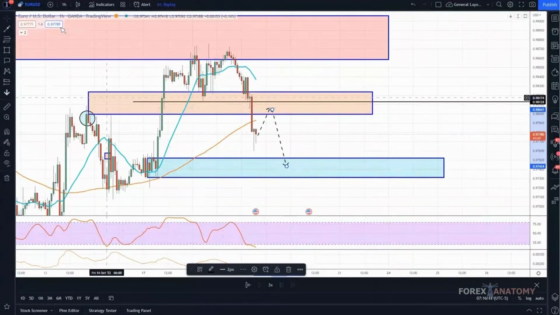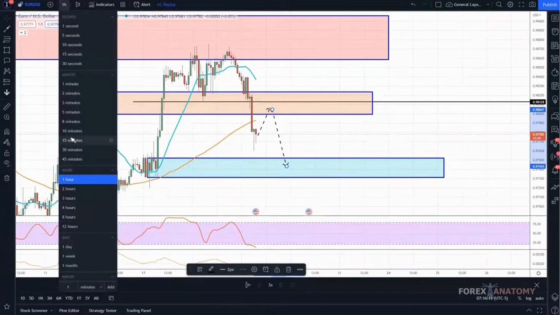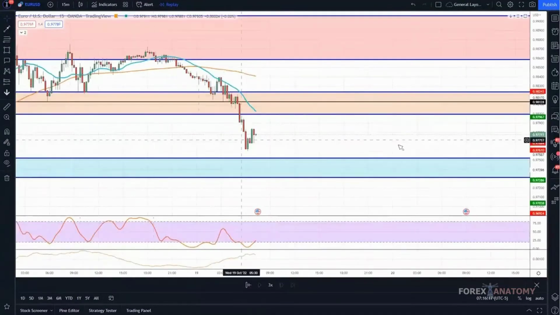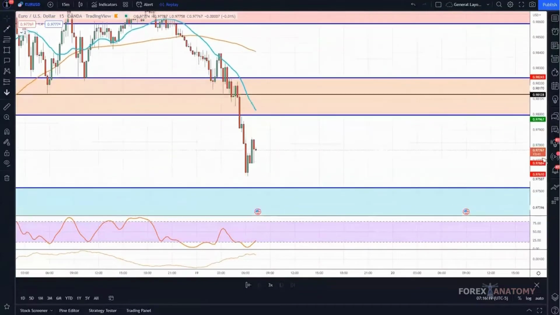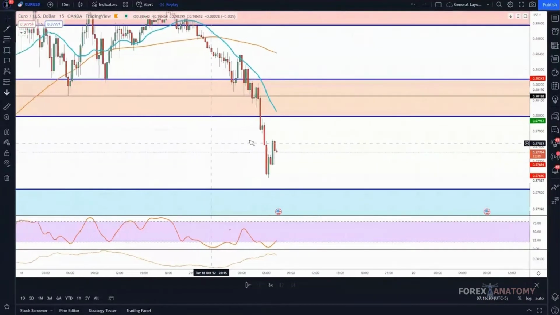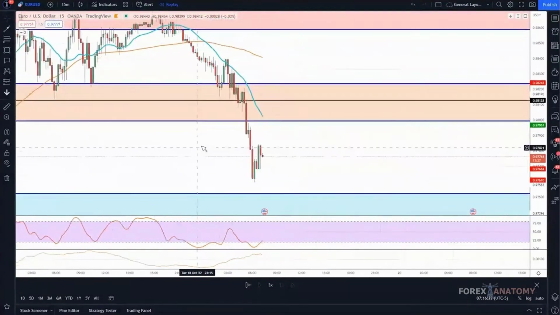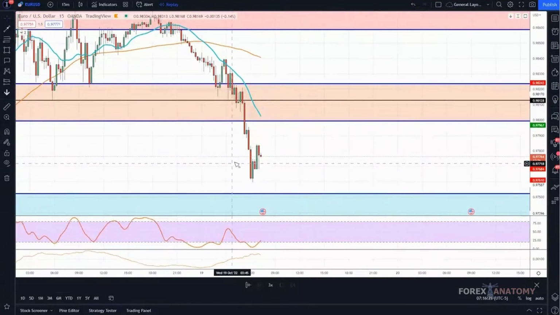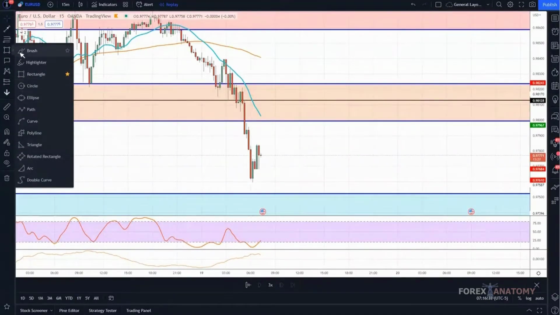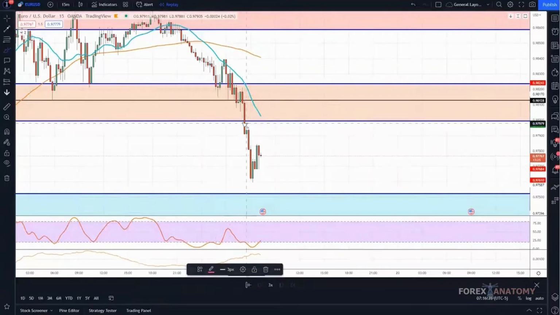Now, let me go to the 15-minute chart to see how things are looking. Okay, so right now we're looking at the 15-minute chart, and this is what we see right here. Remember what we said before. We talked about how once you go down to the trigger time frame, you want the second area of supply, which is right here, not the first one, which is right here.